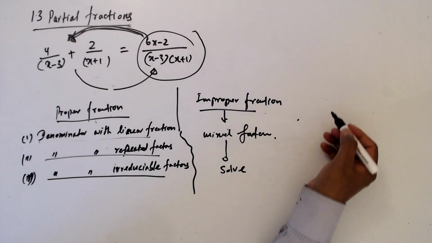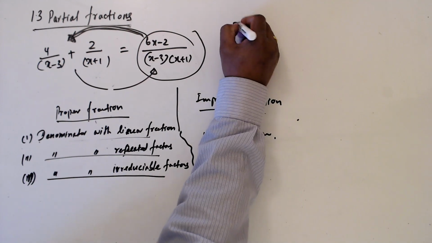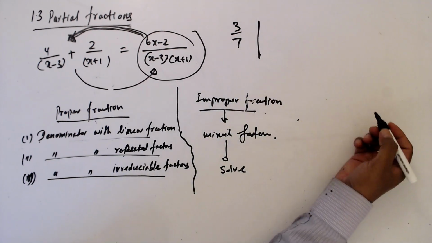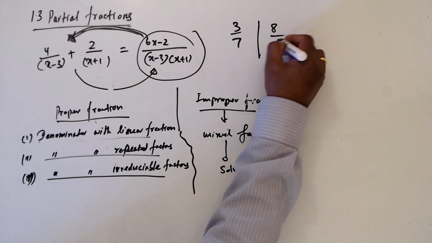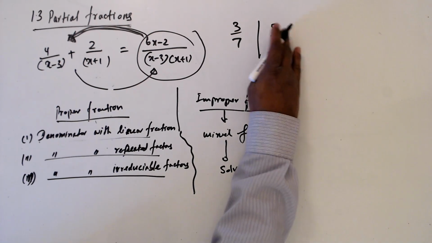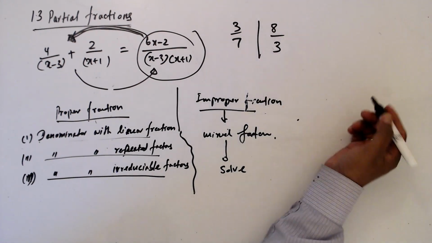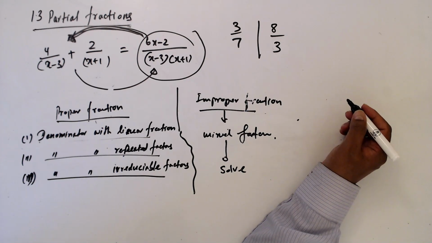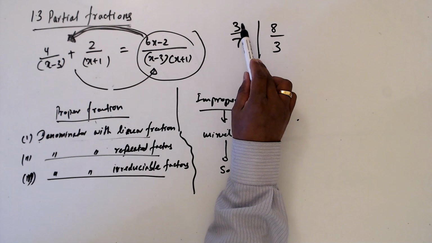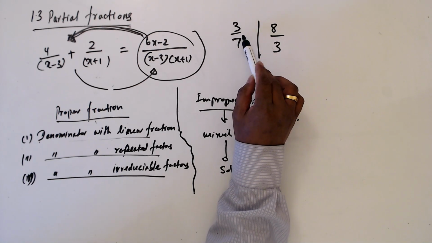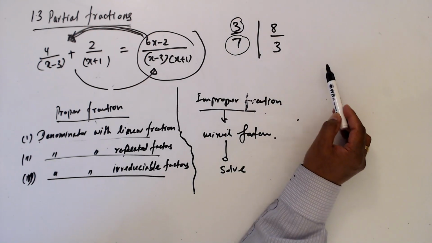What is a proper fraction with numbers? For example, 3 over 7 is a proper fraction. But 8 over 3 is an improper fraction. What is the meaning of that? If it is a proper fraction, the denominator is bigger and the numerator is smaller.